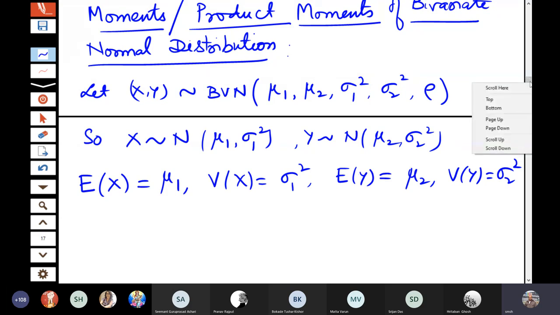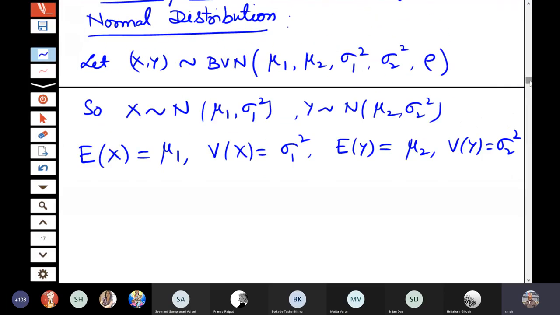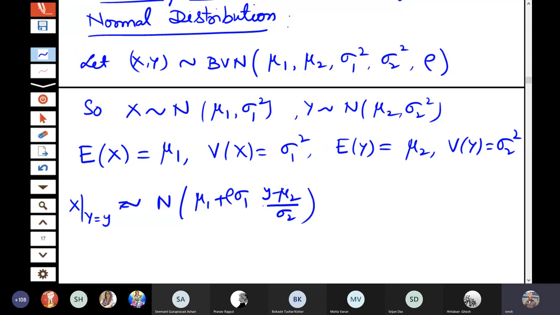And then if I consider the conditional distribution, the conditional distribution of x given y is normal with mean mu1 plus rho sigma1 (y minus mu2) by sigma2, and variance sigma1 square (1 minus rho square).